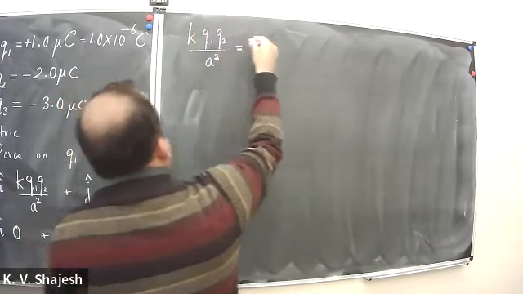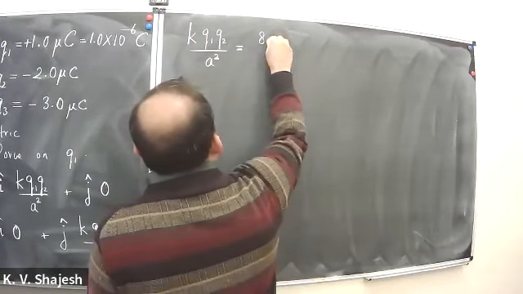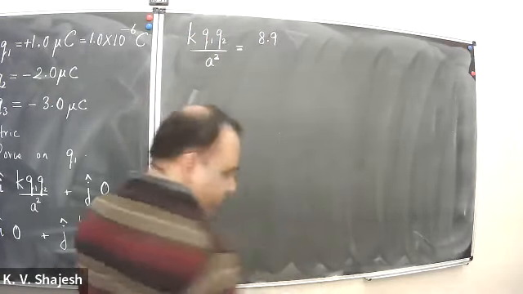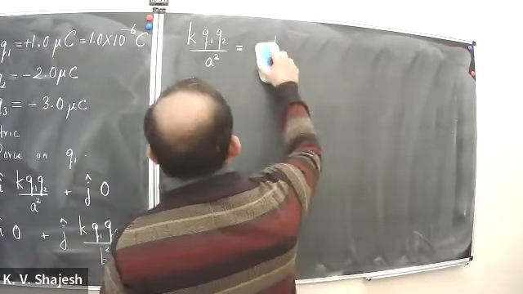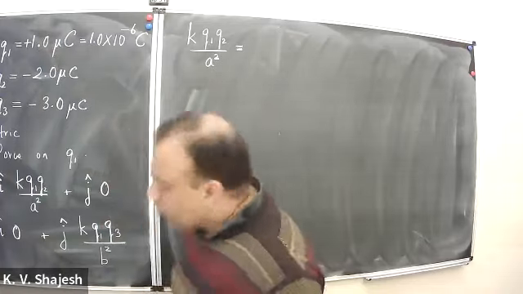That's equal to K, we said, is 8.9, or if we are in 2 significant digits, because I gave the charges only to 2 significant digits, I need to keep only 2 significant digits.